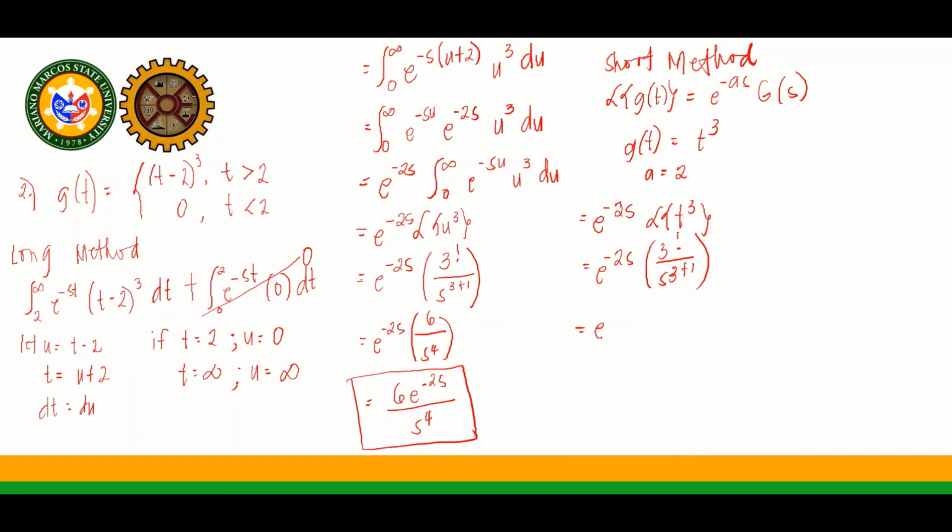So this will be equal to e raised to negative 2s times 6 over s raised to 4, and our final answer will be 6e raised to negative 2s over s raised to 4. So they are still the same. Okay, so that is the third property of Laplace transformation, the second shifting property.